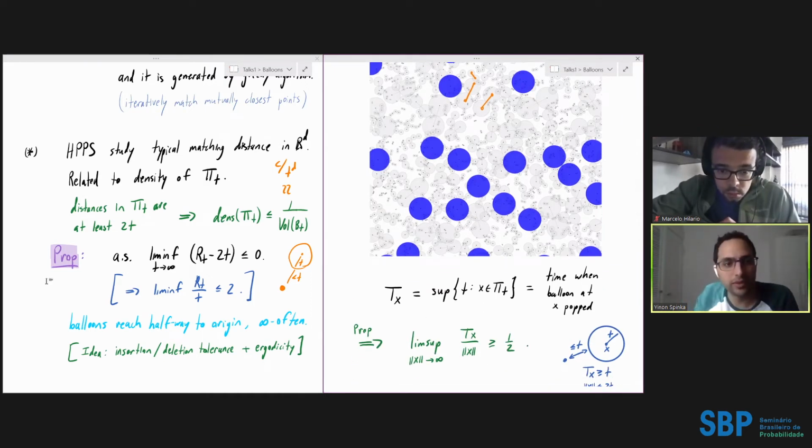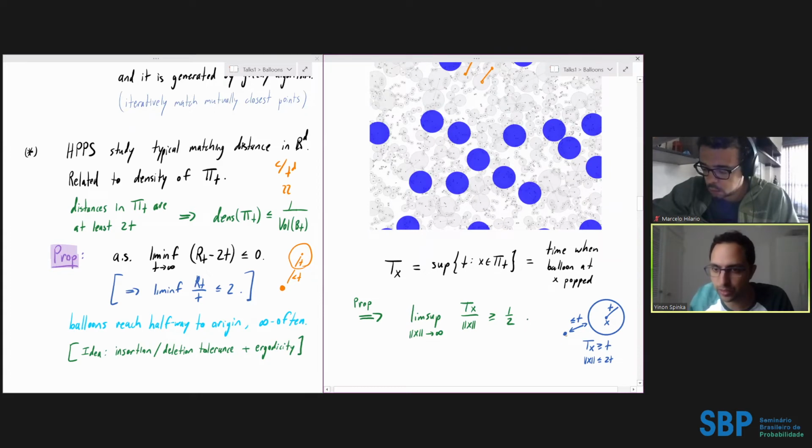Note that this proposition on the left that we just talked about, what does it tell us in R^d? This is just a kind of duality, just flipping this around. It's telling us that the lim sup of T_x over the norm of x is at least 1/2.